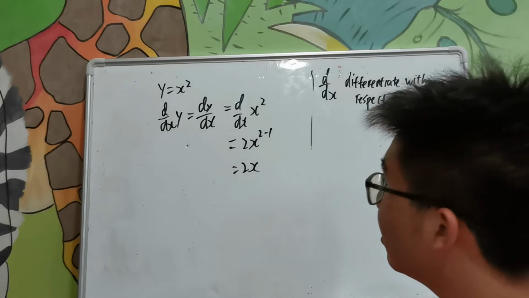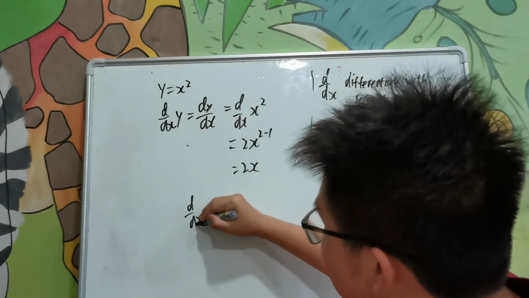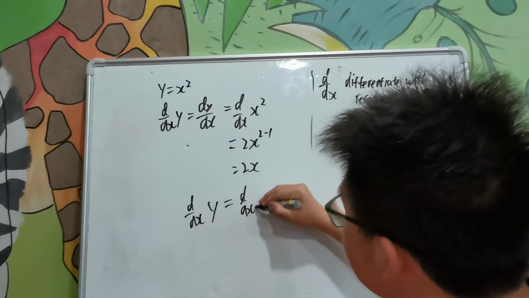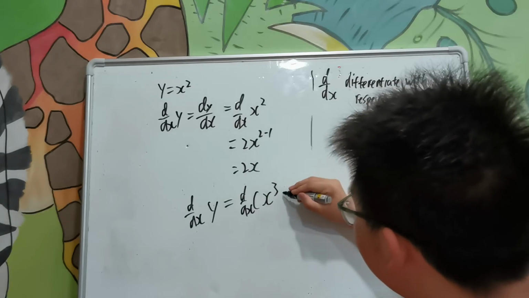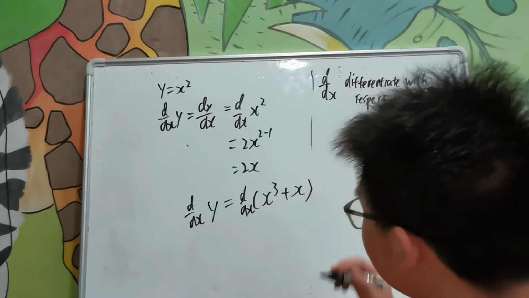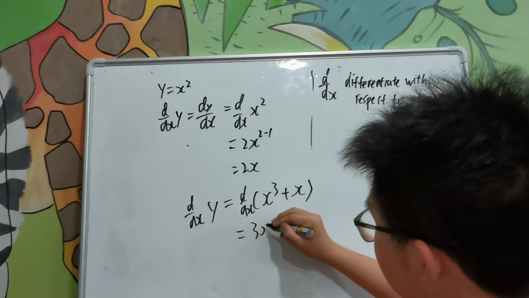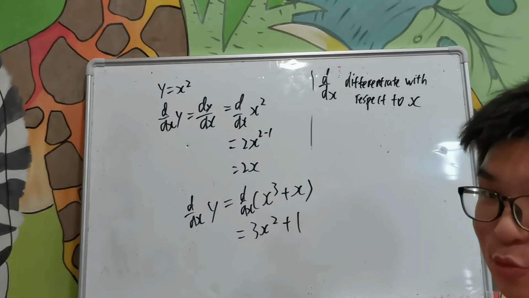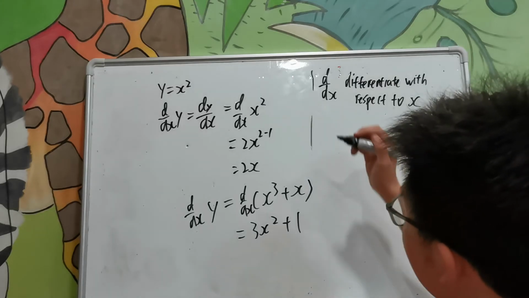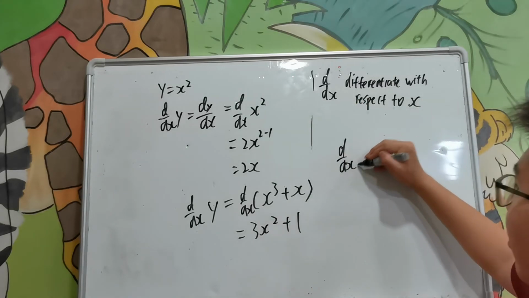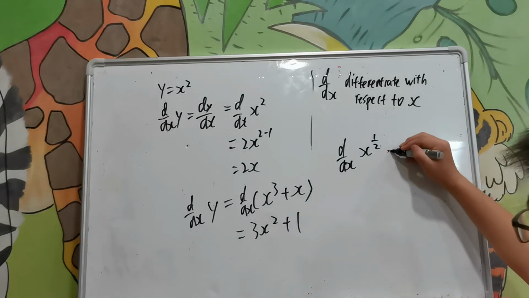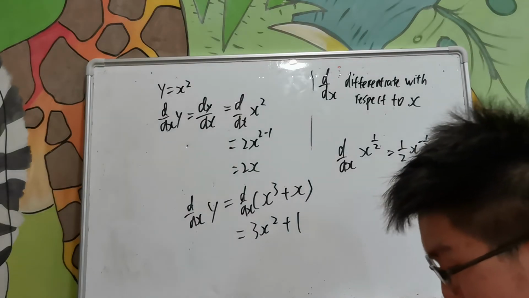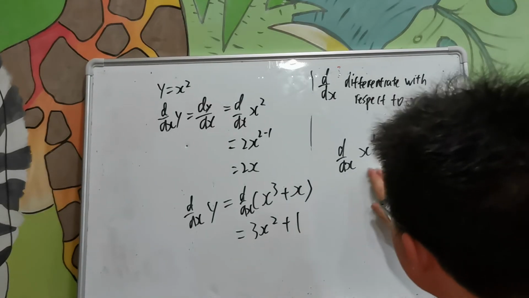Let's say I have d dx of y, and y is equal to x cubed plus x. This will be the same as 3x squared plus 1, because I bring the power down and take power minus 1. That is this basic rule. And let's say I have d dx of x power half. It will simply be half times x power negative half. Very easy, right?